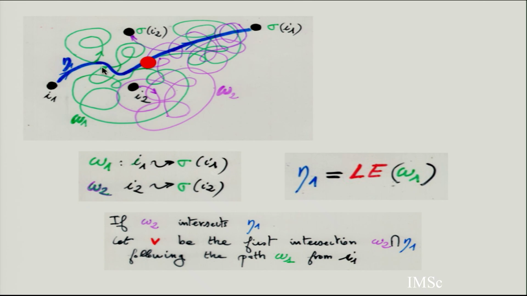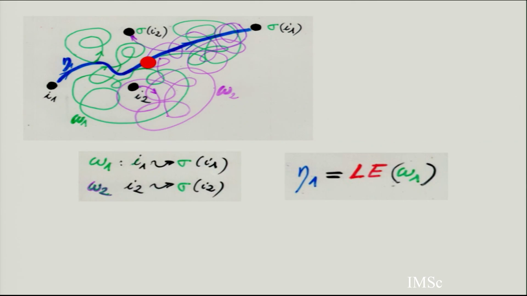The first time you find a vertex which belongs to omega 2. In this portion, you see in the picture, the purple path does not appear. The first time that omega 2 intersects, following omega 1.